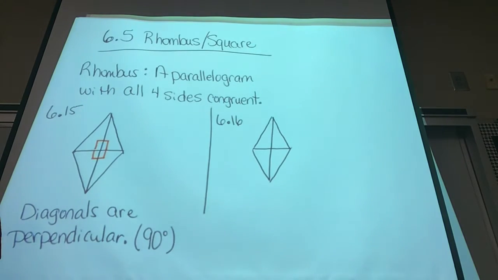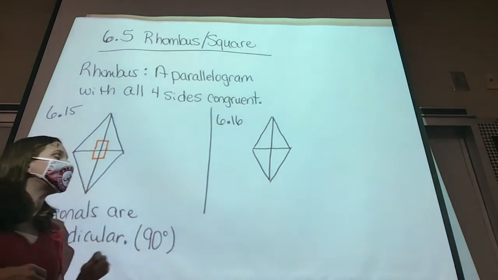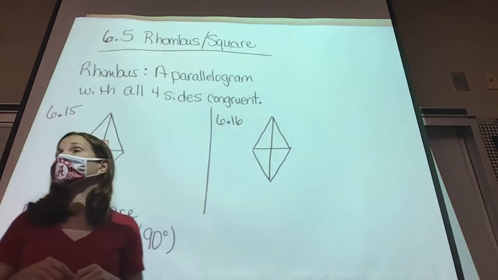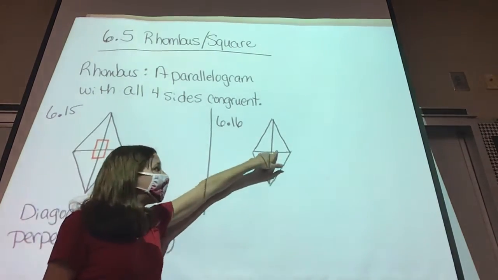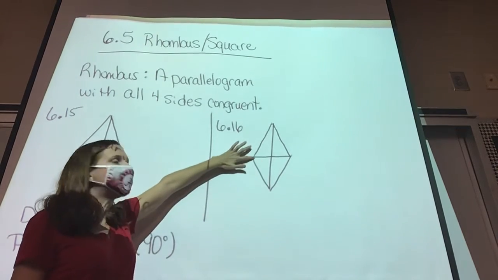Now, in this particular problem, when you do your diagonals, they are going to bisect the opposite angle. Okay? In other words, what does bisect mean? Split it in half. Cuts it in half. It's cutting in half your angles. So when you draw a line here, it's going to cut this angle in half.